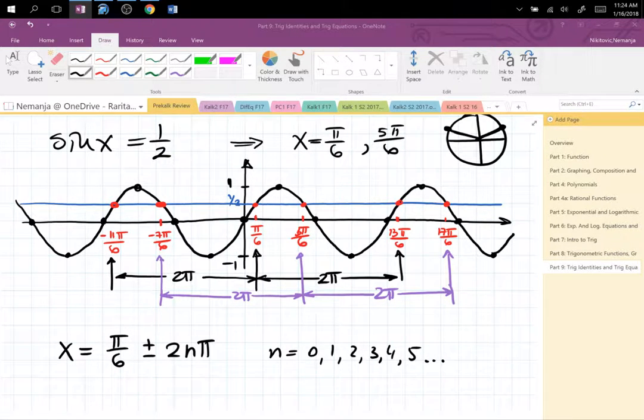When n is 0, this term is gone, and you just have your basic pi over 6 solution. When n is equal to 1, you use pi over 6 plus 2 pi, and that's this solution. If n is equal to 1 and you use the minus, you get pi over 6 minus 2 pi, and that will be this solution.